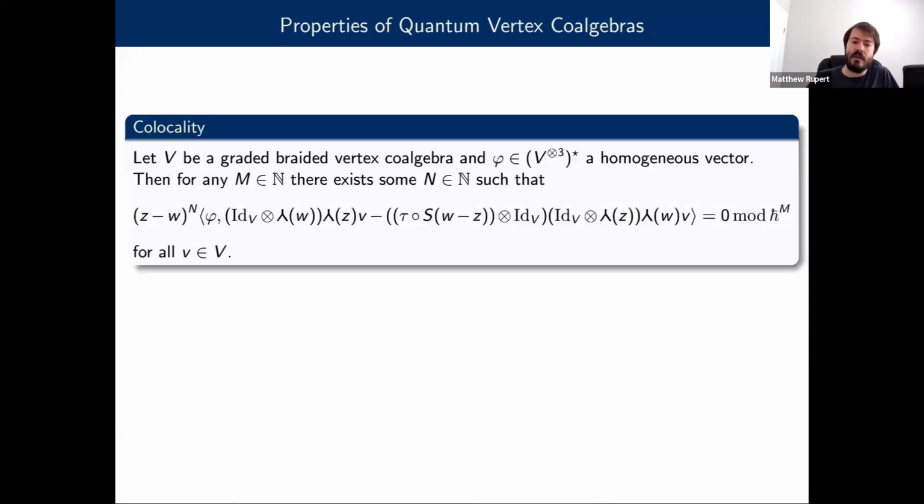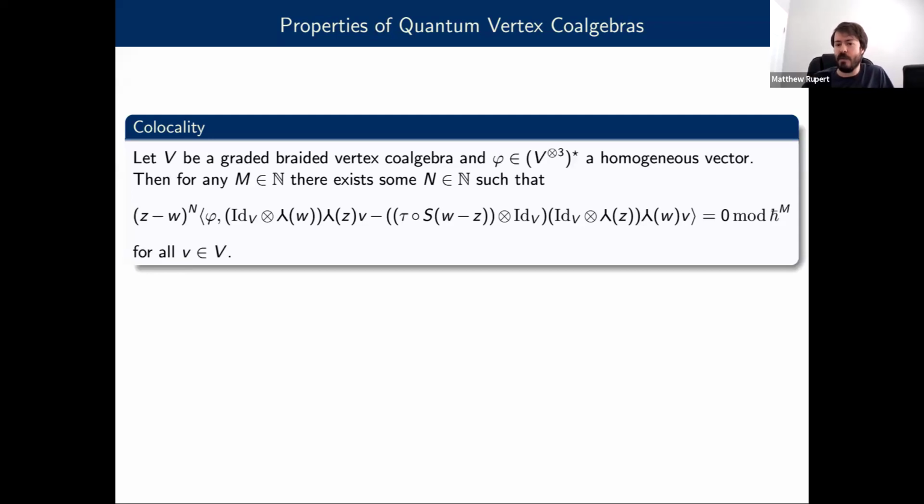So what does colocality look like for these objects? If V is a graded braided vertex coalgebra and phi a homogeneous vector, then for any natural number m, colocality, the usual condition you would expect, holds mod h bar to the m up to evaluation by this homogeneous vector. So the point is, we can't just take residues of the co-Jacobi equation and derive equations.